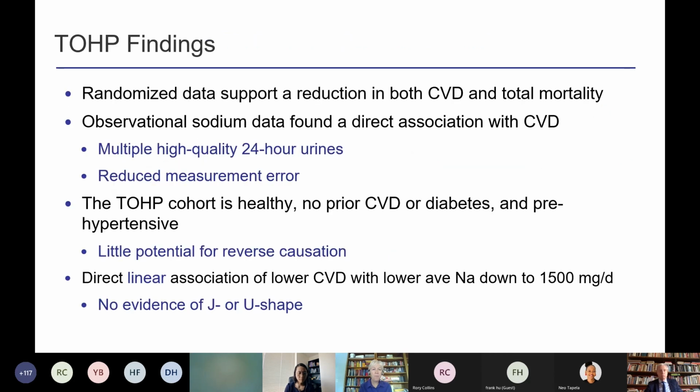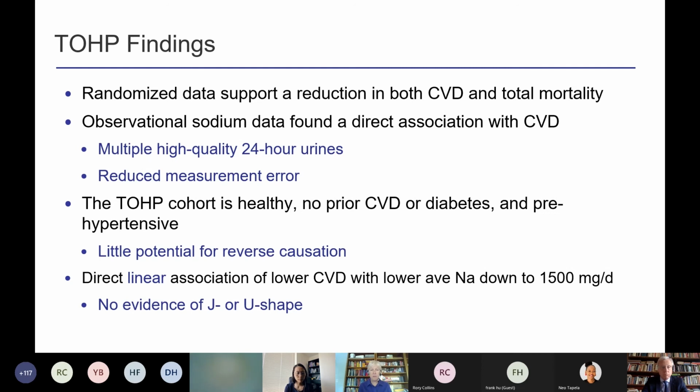So TOHP found a reduction in both cardiovascular disease and total mortality in their randomized data, and also in the observational data, using multiple high-quality 24-hour urines, which would reduce measurement error quite a bit. The TOHP cohort was healthy, no prior cardiovascular disease or diabetes.